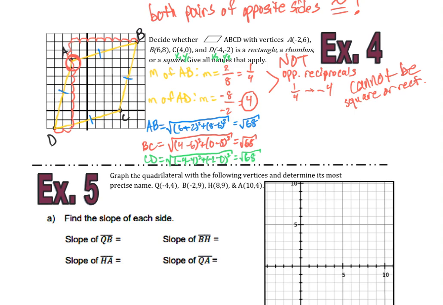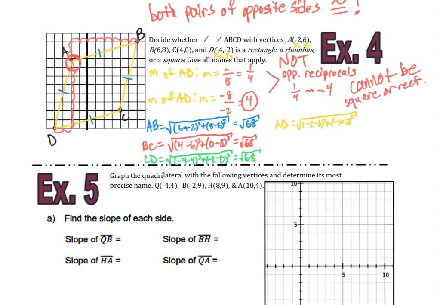We still have 1 more side to check, and that is the side AD. So let's look at AD real quick. AD, so this would be x1, y1. D would be x2, y2. You plug it into our distance formula again, and you get -2 minus 6, don't forget the squared, plus -4 minus -2, don't forget the squared.